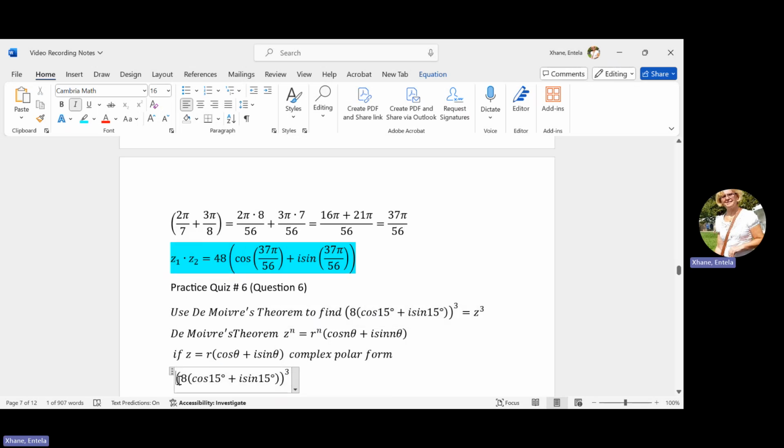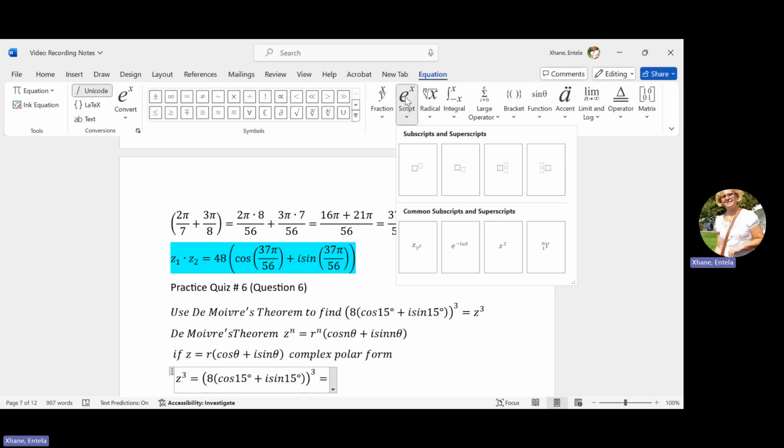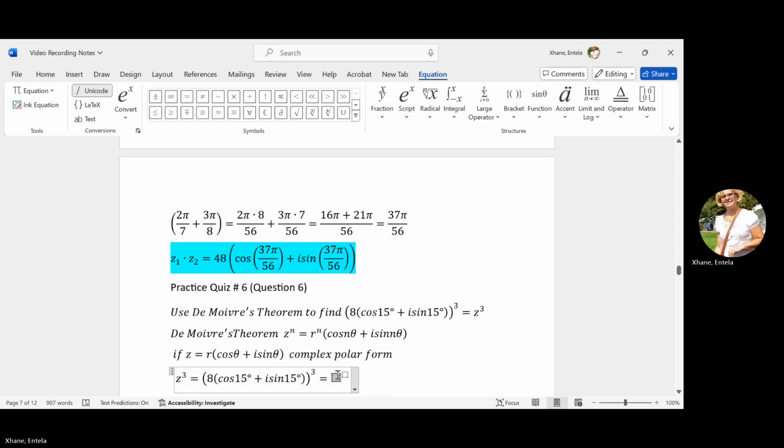So notice now that I'm computing z to the power 3. According to De Moivre's, my modulus is 8. So that means I'm going to take 8 and raise it to the third power. And then theta, which is 15 degrees, will be multiplied by 3.